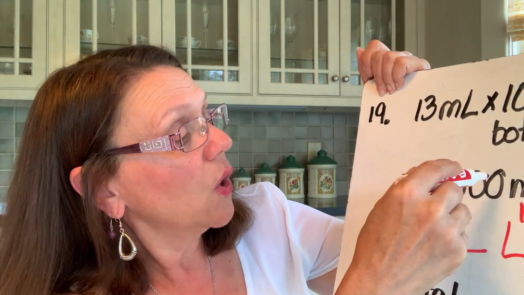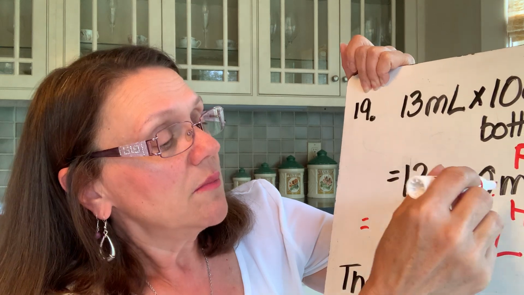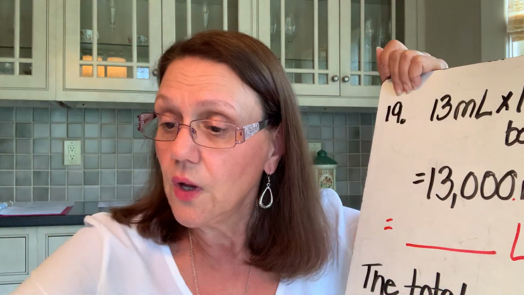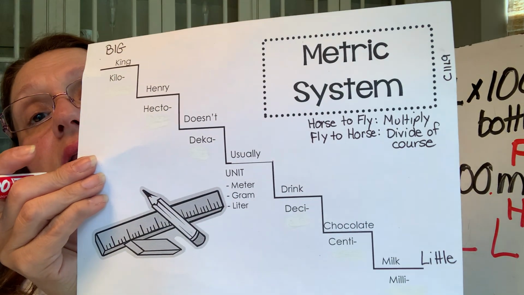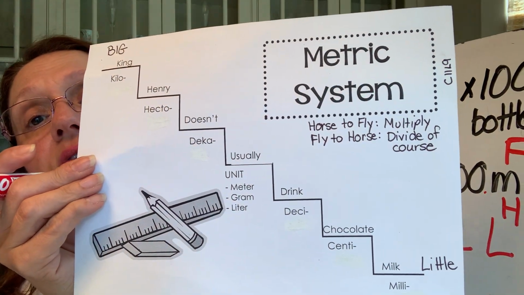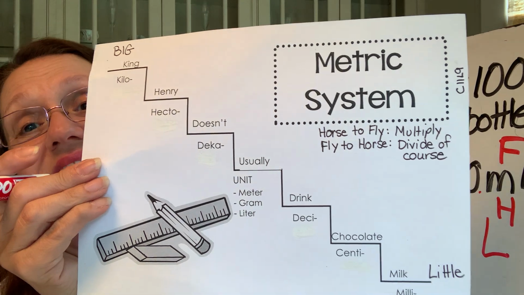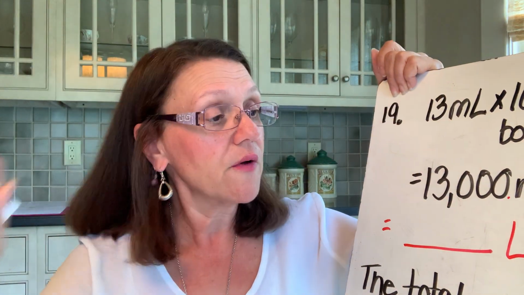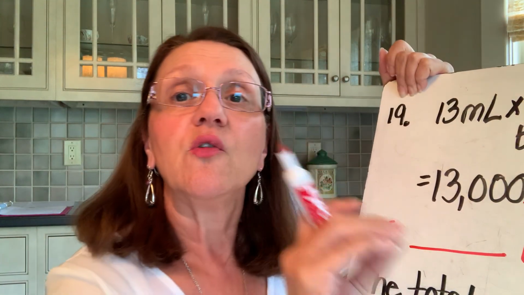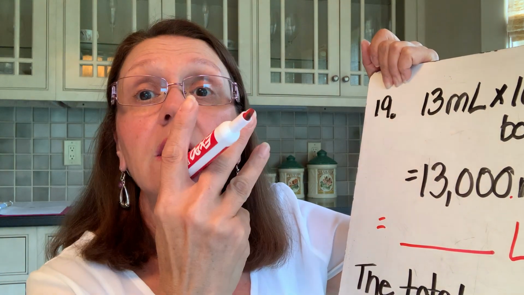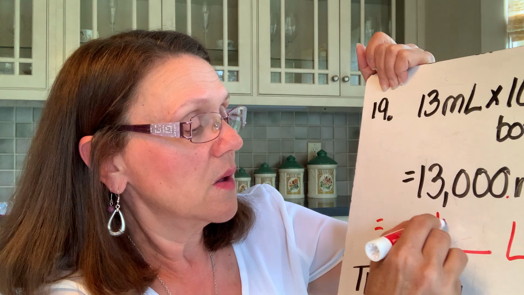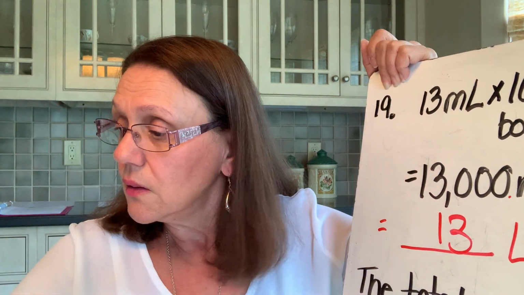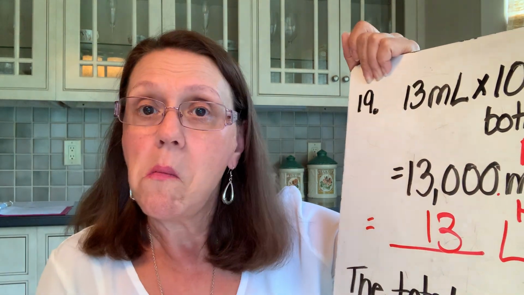My decimal is here. Milliliters to liters. I look on my note: milliliters, way down at the bottom, to liters, which is my basic unit. That's 10 to the power of 3, which means I'm moving my decimal point 3 spaces. So 1, 2, 3, 13 liters.